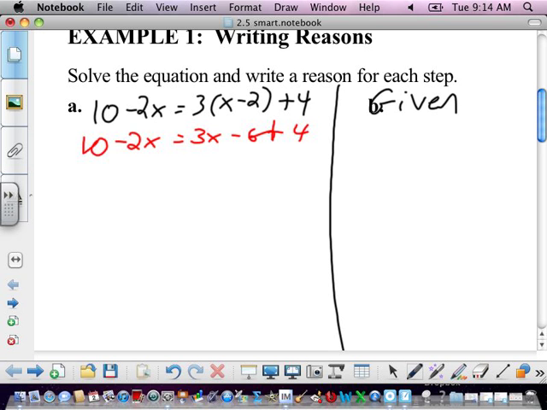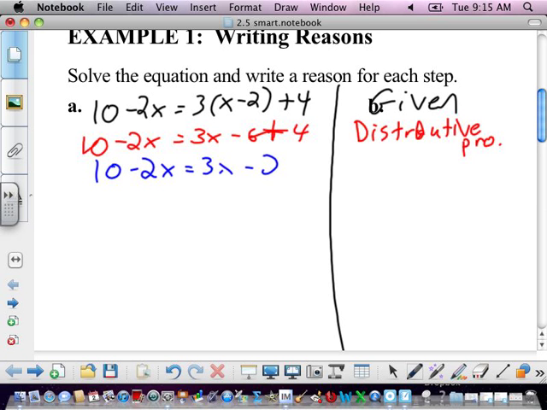And right next to it, distributive property. Now I should do what? Combine like terms. 10 minus 2x equals 3x minus 2. And we simply call this combining like terms.